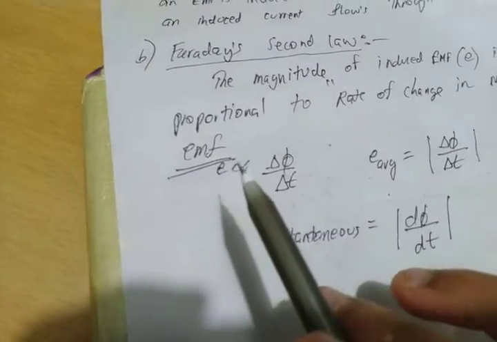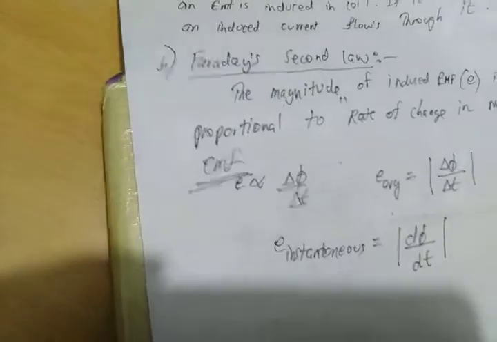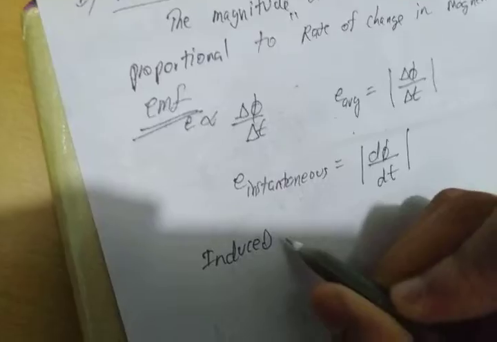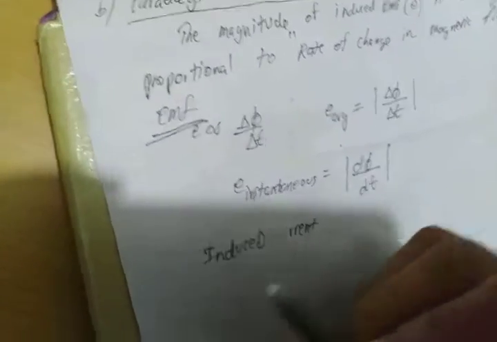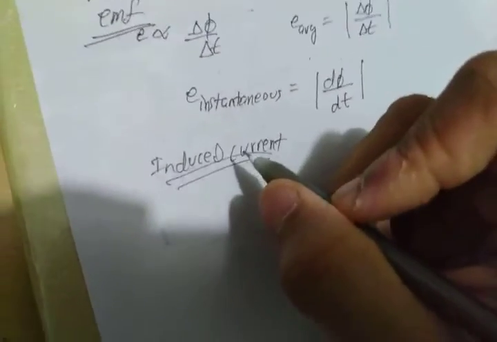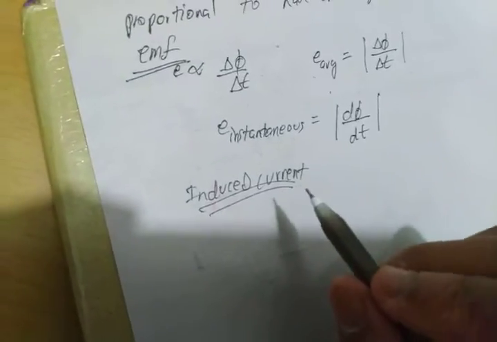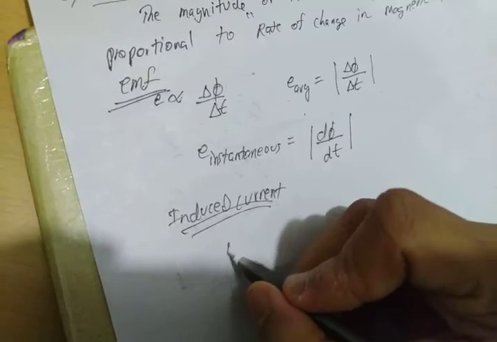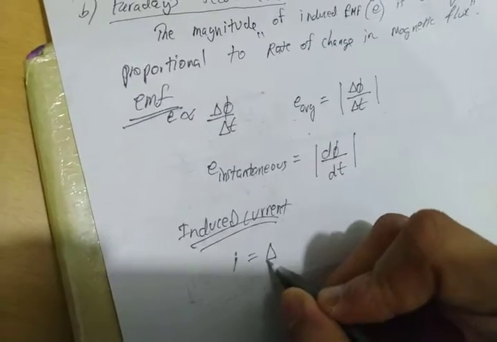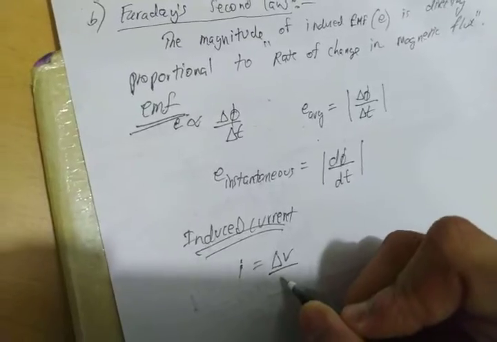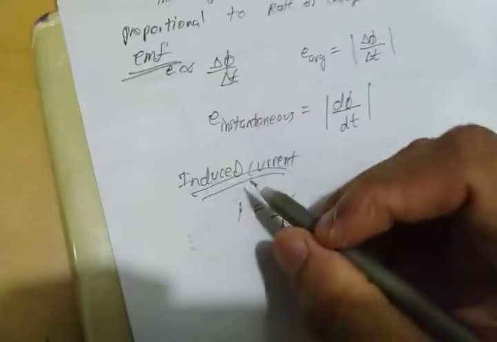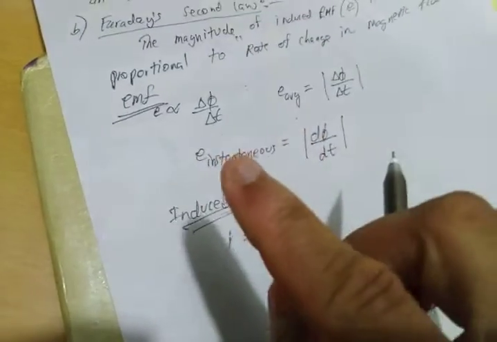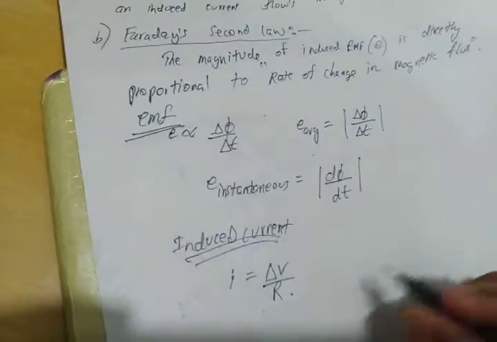And like the subheading EMF, there is one more: induced current. For induced current, the equation is I, induced current, is equal to delta V by R. For induced current also there are two parts: first, average induced current and instantaneous induced current.